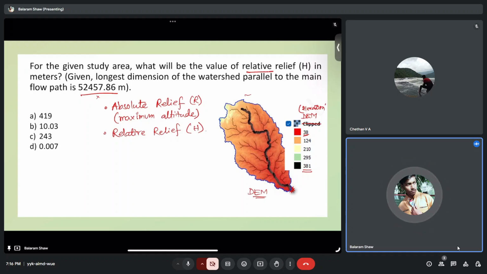The maximum is 381 and minimum is 338. So the relative relief H equals 381 minus 338, which gives 43. So the correct answer will be 43 meters, option C. Any questions here?